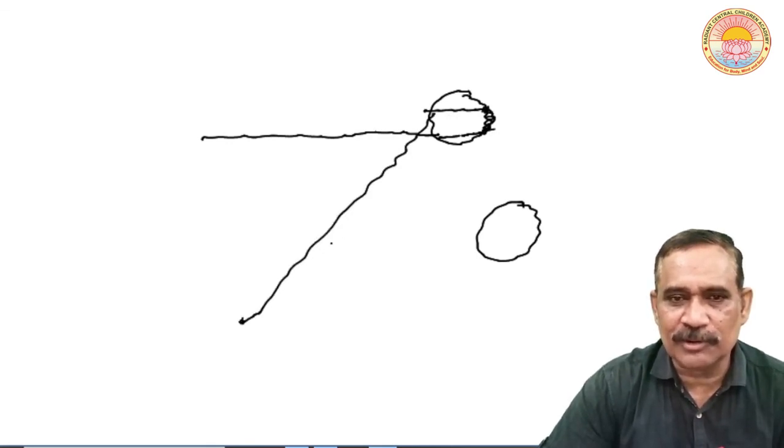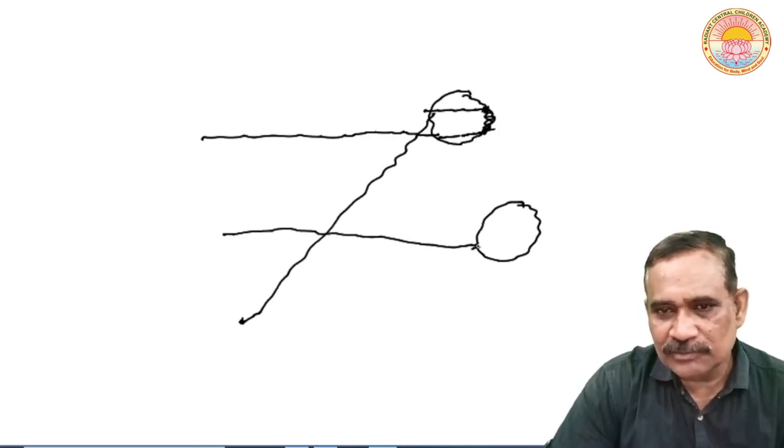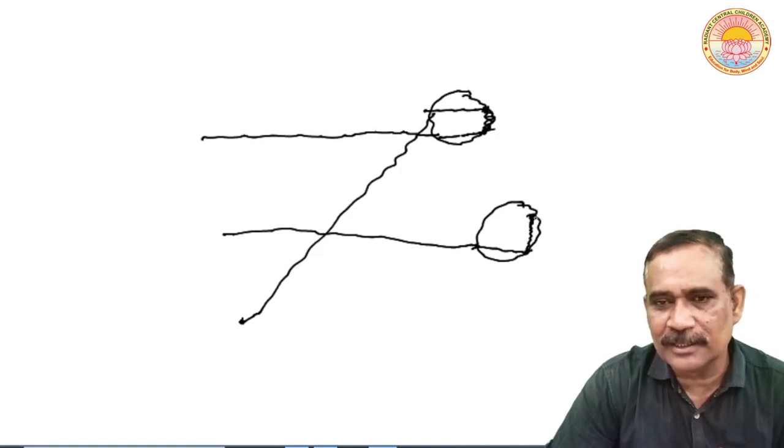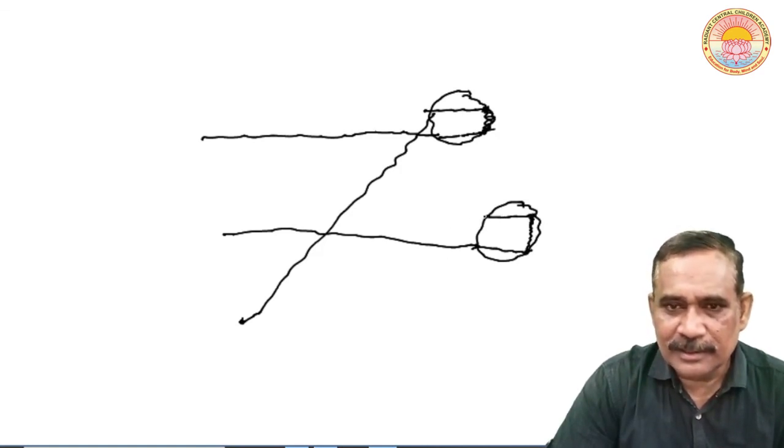This is the refraction process. Now the second case, when the light is incident on the water drop, this is the first refraction, then it reflects from here. This is the first reflection, again the second reflection, and then the second refraction.